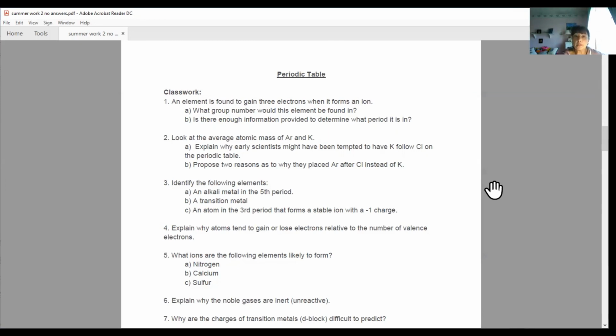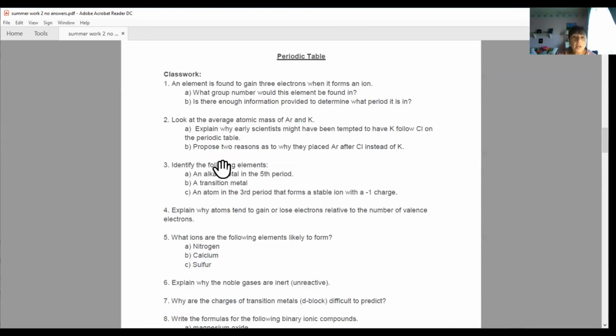So we know it is in that group, but we don't know the period. We can determine the period because that depends on the particular level of energy in which the valence electrons are located.